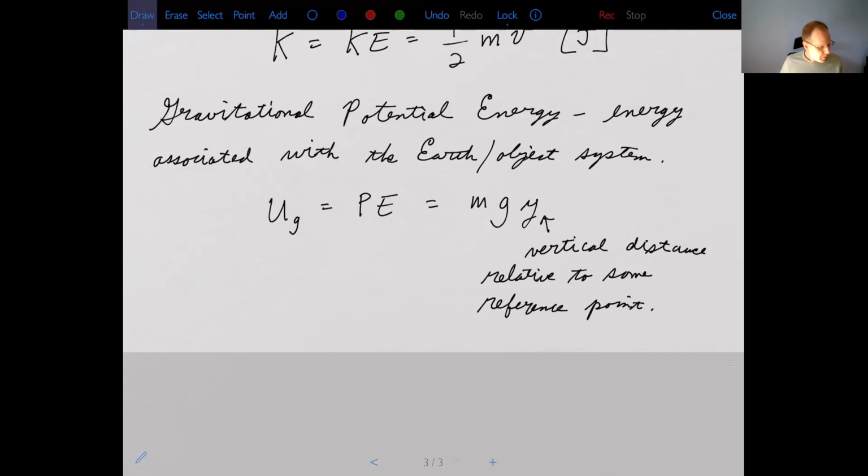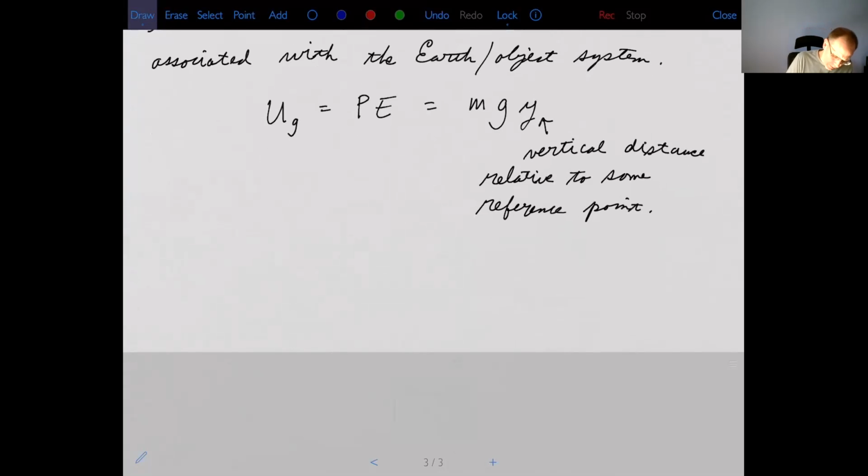Okay, and then the mechanical energy is the sum of the kinetic and potential energy.